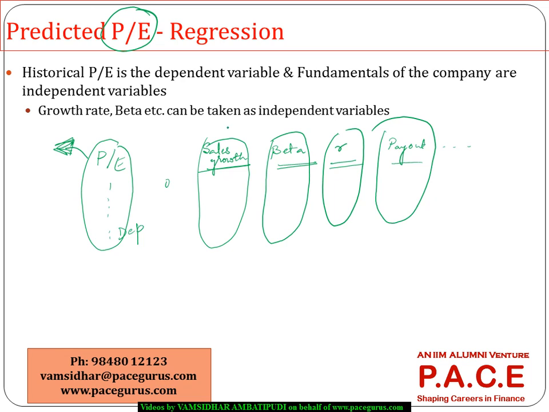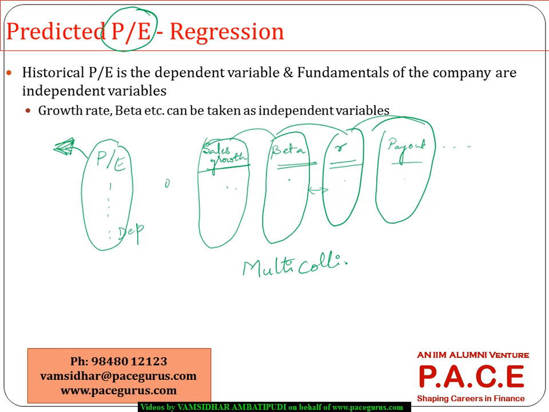But the biggest problem is the one that exists with all kinds of regression relationships, especially when I am using multiple independent variables. In reality, these independent variables may not be independent at all. There may be some level of interdependency between these various independent variables. That is the scenario of multicollinearity.